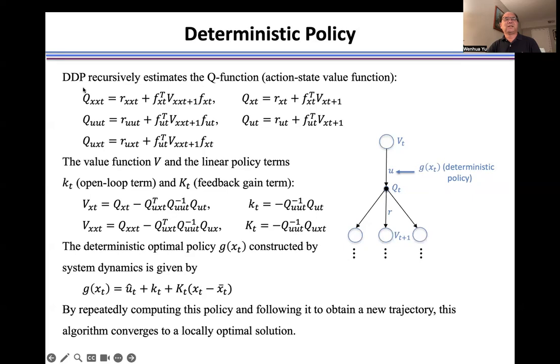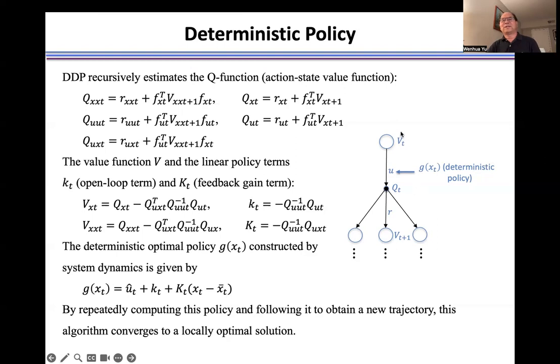Once we update this Q value, then in the same way we update the state value function and the policy terms. And then we have a deterministic optimal policy G, given in this linear formulation.